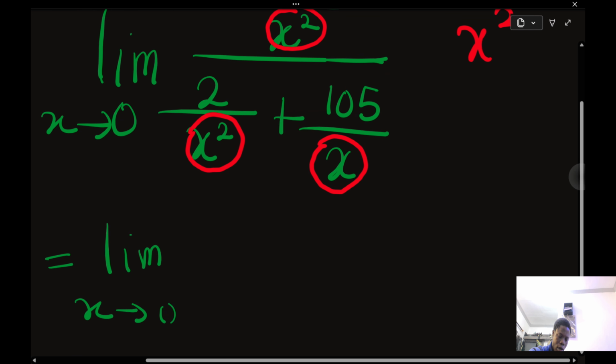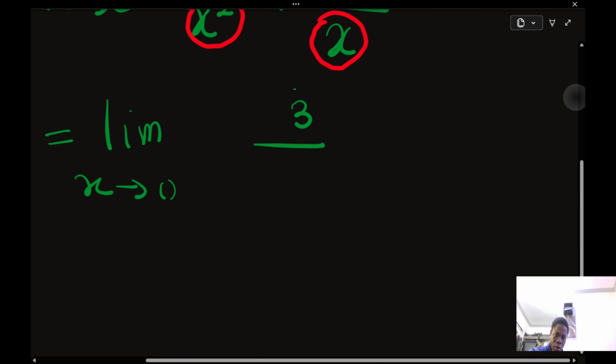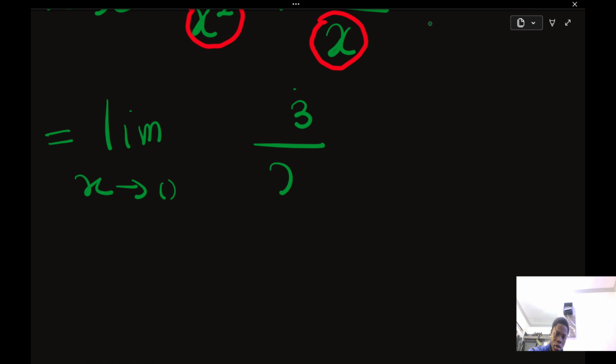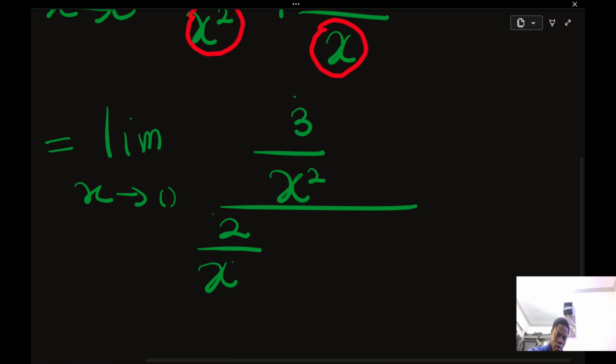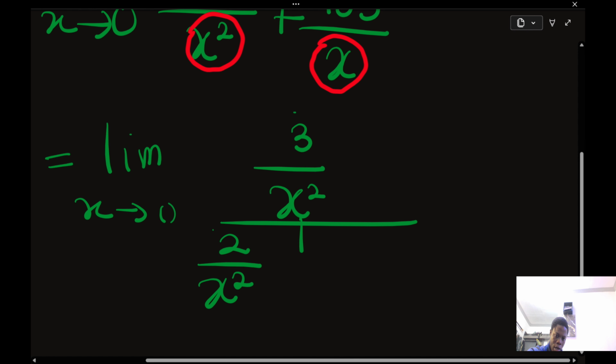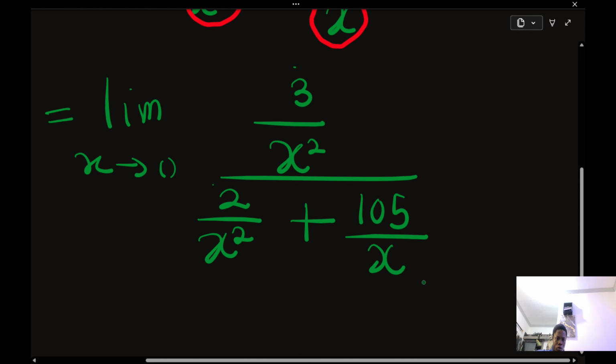Then we write down our numerator: 3 over x squared, all over 2 over x squared, then plus 105 divided by x. Right. So this is what you are supposed to do.